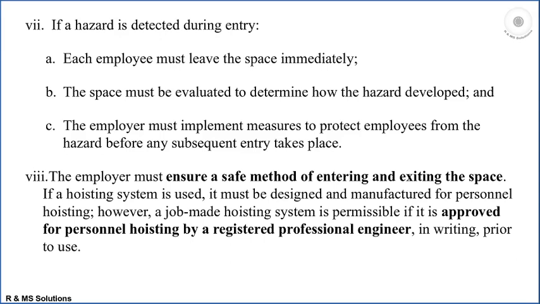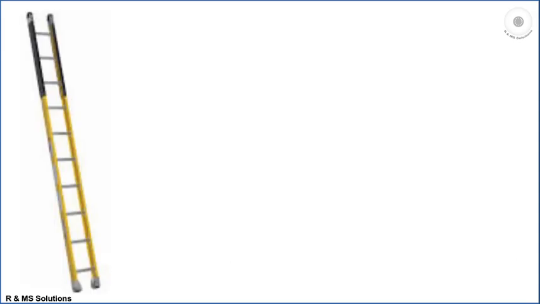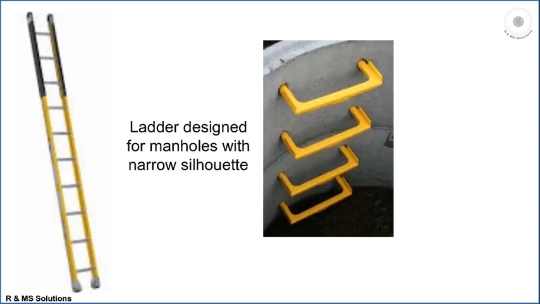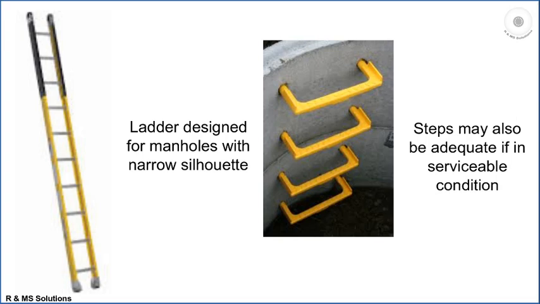So in a lot of cases, if you have an access ladder or the rungs within a manhole or a structure that are viable for entry and exit, and the entrant can enter using those, then by all means do so. But if there is a risk for a hazard, then potentially you might want to upgrade to using some sort of retrieval device. This would be an example of a narrow silhouette manhole ladder. And then also just your standard rungs within the structure itself, as long as they are adequate.